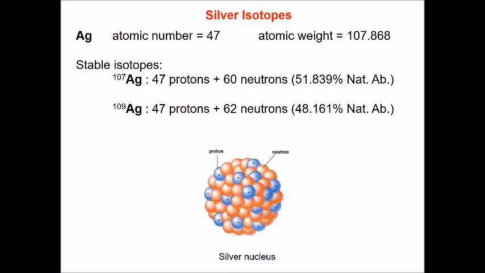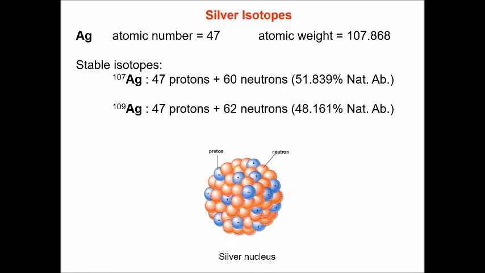Interestingly, silver has two natural isotopes that are stable, silver 107 and silver 109. Now, isotopes are atoms of a particular element. In this case, silver is defined by having 47 protons in its nucleus. So both isotopes have 47 protons, but the number of neutrons is different.